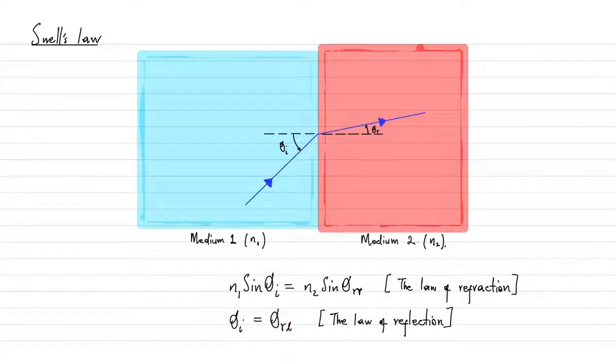However, with the law of refraction, these angles are not directly equal to one another, but it is the sine of the angles times the index of refraction that are equal. So the equality is at this level, not at the level of the angles themselves.